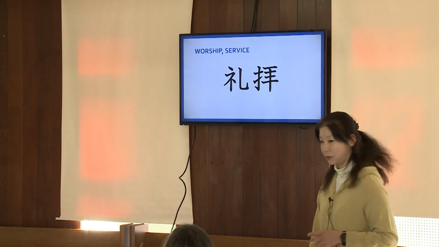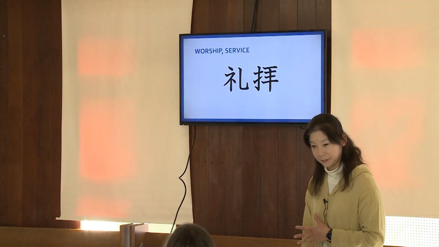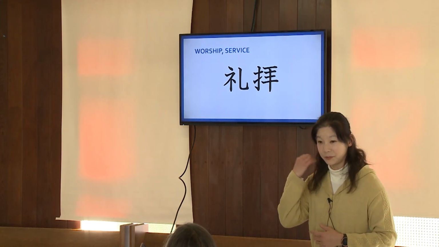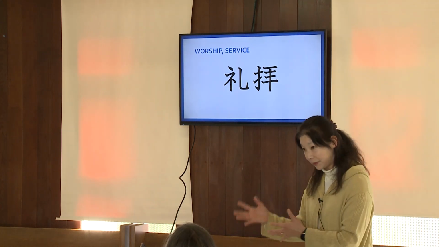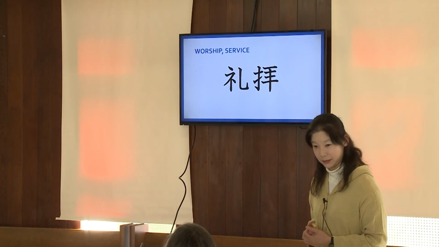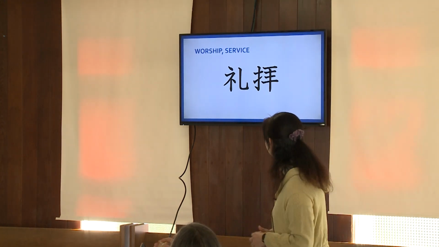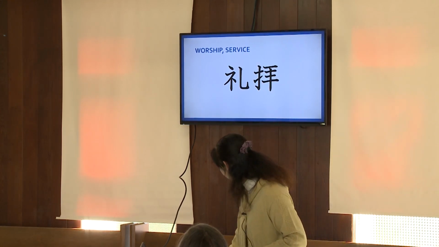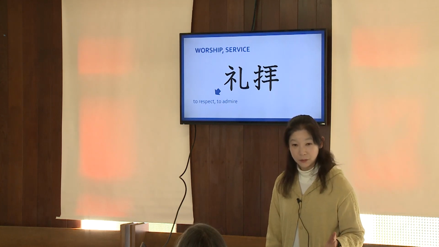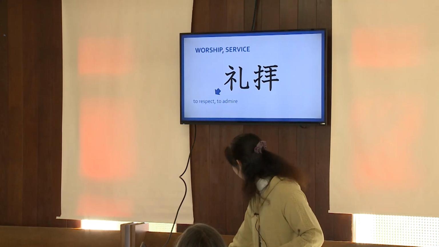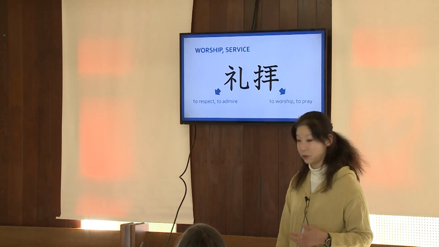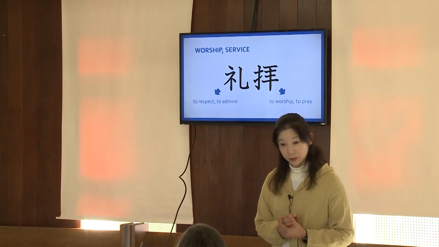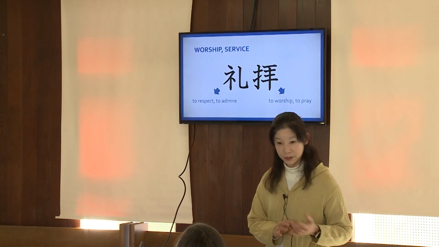Another example is worship or service. This is a very good word in English because worship is the action of human and service is the action of God to us. But in Japanese, it's only one word. That is to respect or to admire, and the right one is to worship or to pray. So this is the word for worship or service.